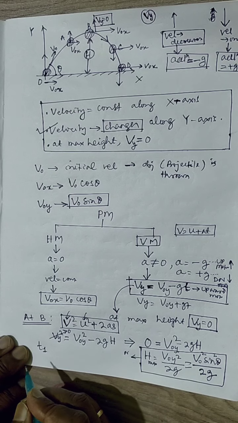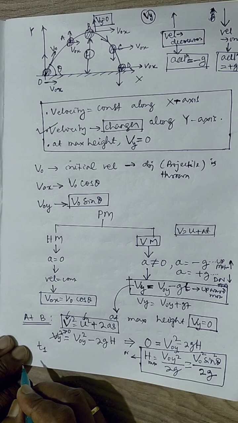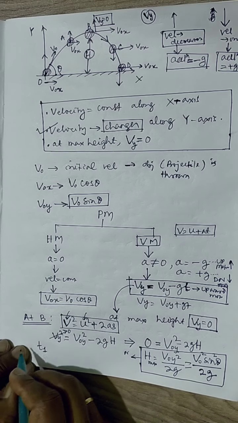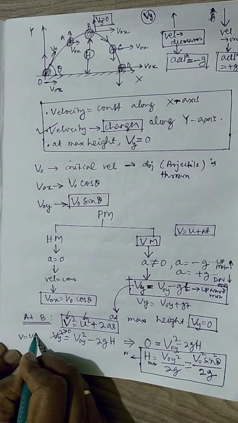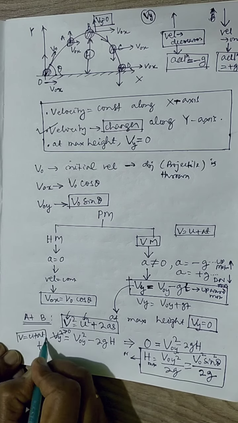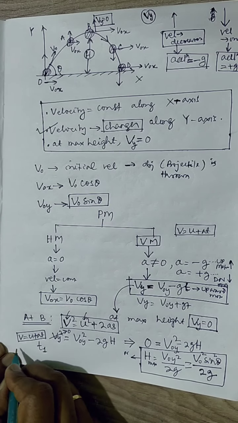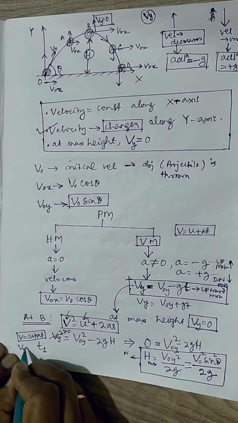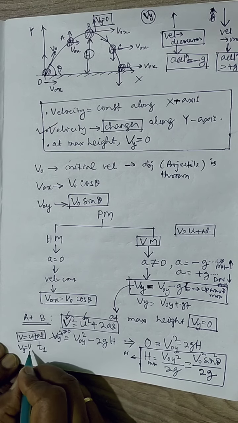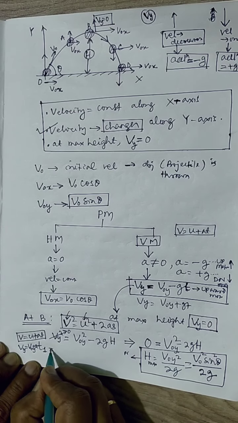Now using the formula v is equal to u plus at, to attain this maximum height, let the time be t1 and the final velocity be v is equal to vy is equal to v0y plus at1, where a is equal to minus g.